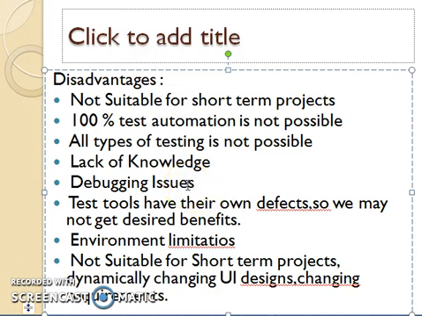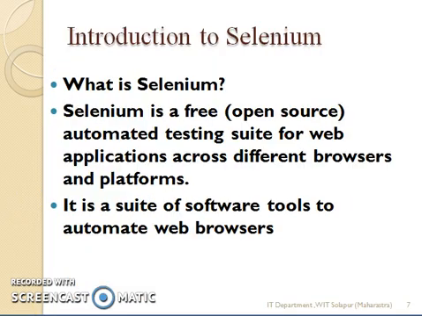Debugging issues. Test tools have their own defects, so we may not get the desired results or benefits. Environment limitations, and not suitable for short-term projects, because of dynamically changing user interface designs and changing requirements. So these are the advantages and disadvantages of automation testing.